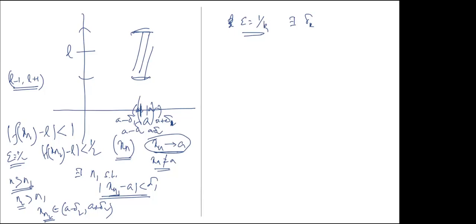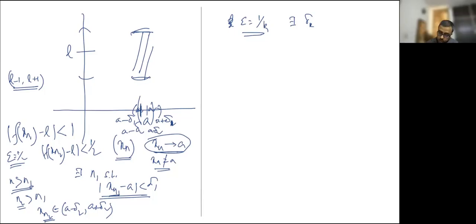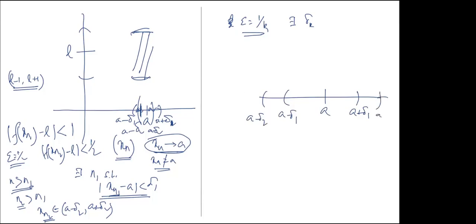Okay, you can do that, but you don't need it for this. All we are doing is, we are not using it. So your question is, what if a minus delta 2, a plus delta 2 is a bigger interval? Yes, sir. Okay.